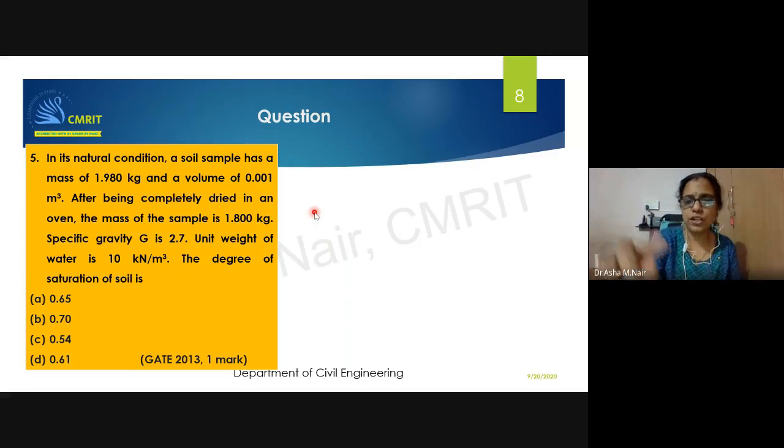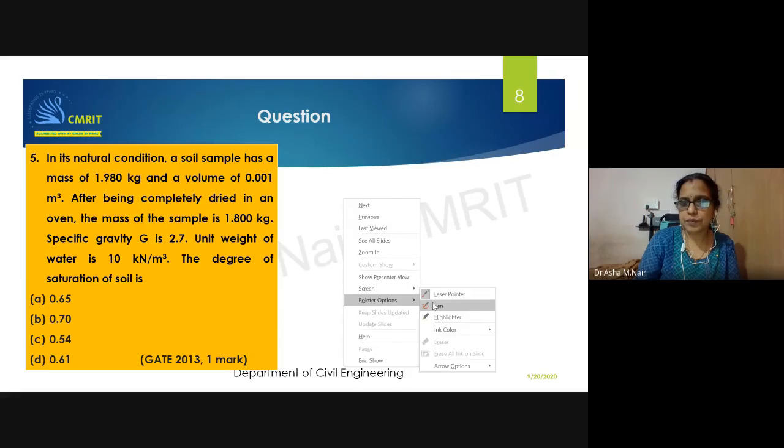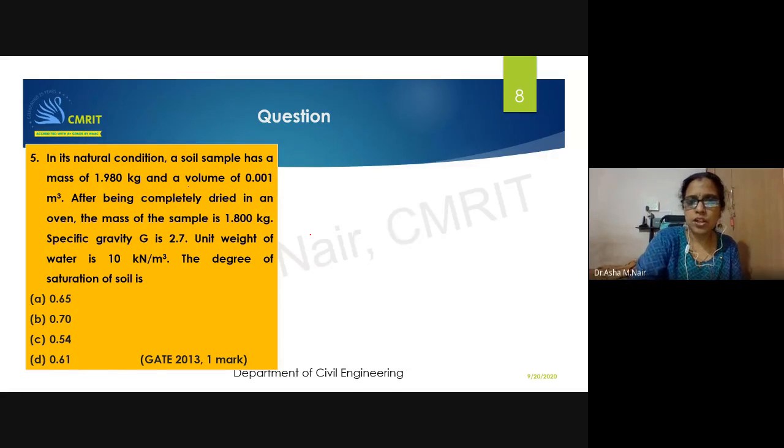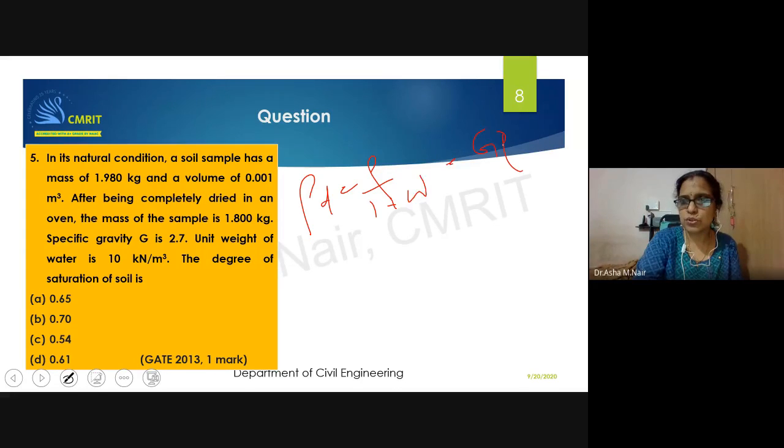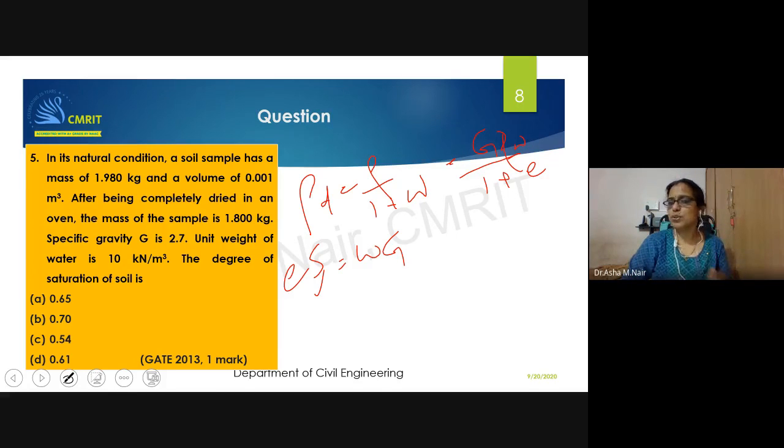You know the relations between dry density and wet density: rho d is equal to rho divided by 1 plus w, or it is also equal to G rho w by 1 plus e. And once you know e, you know that e into S is equal to w into G. So your objective is to find the value for S. This is how you are going to do that.